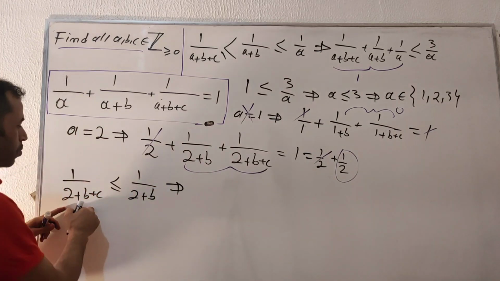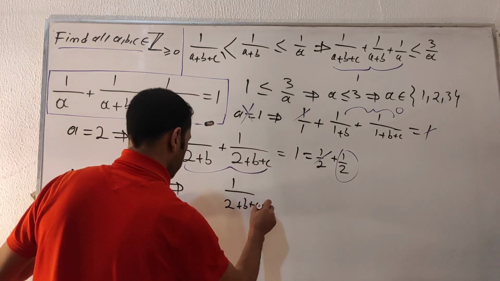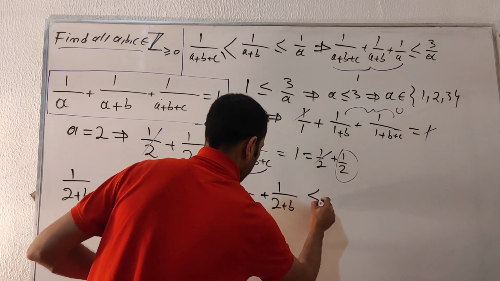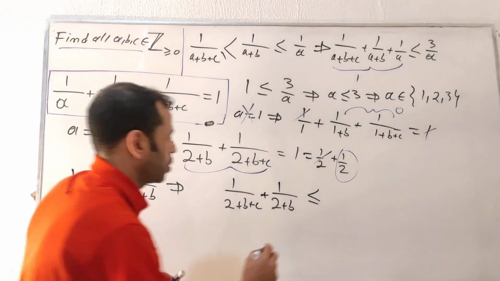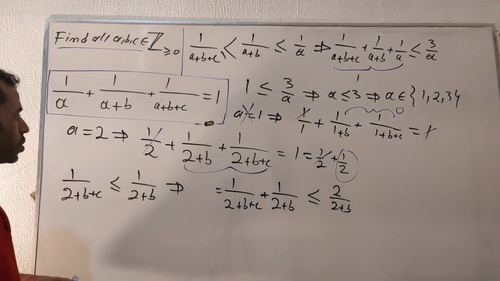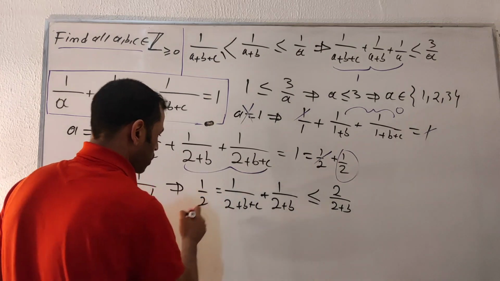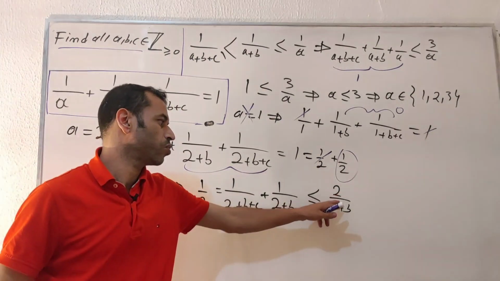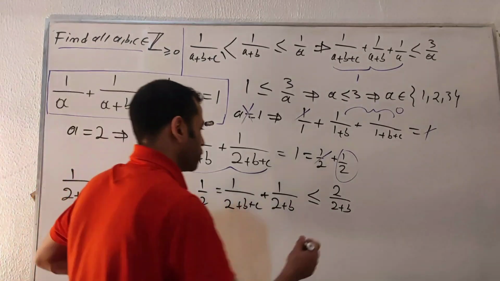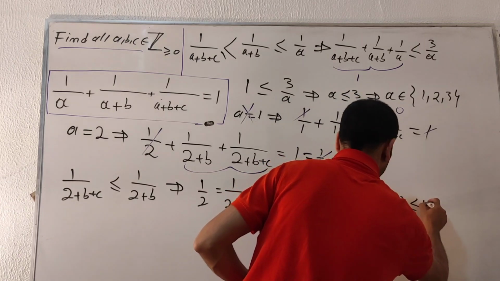By summing these two terms, 1/(2+b+c) + 1/(2+b) is less than or equal to 2/(2+b). We know the sum of these two terms equals half, so half is less than or equal to 2/(2+b). Multiplying side by side, I will be left with 2 + b is less than or equal to 4.